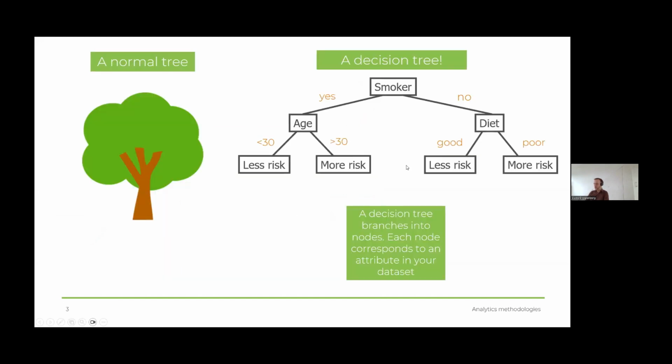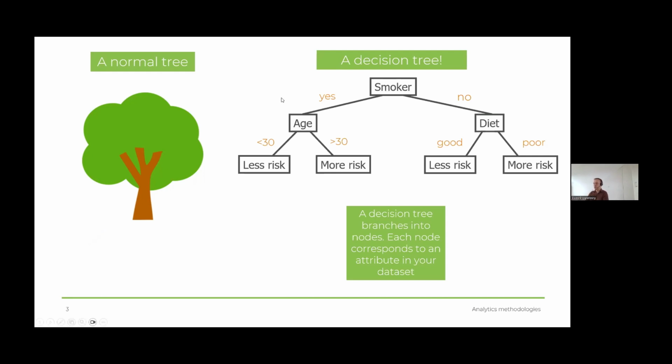So why is it called a decision tree? It's because it really looks like a tree, basically an inverted tree. At the start, the root of the tree, you have all your data, and based on a certain split, you send instances to a new branch.